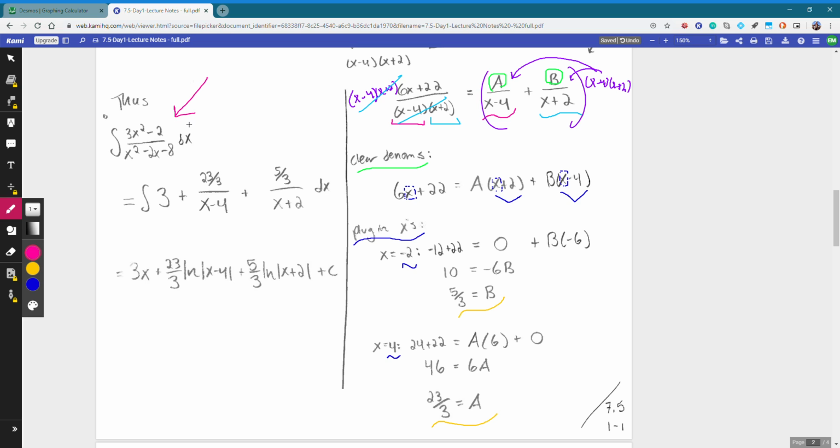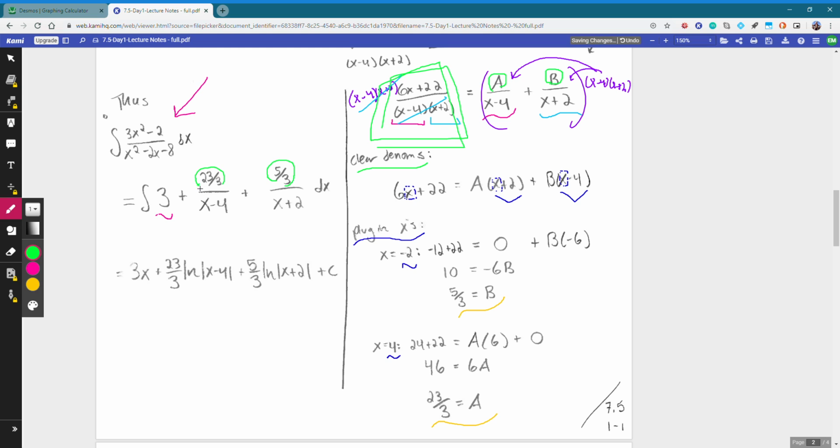Using our polynomial division, we saw that this equals 3 plus this fraction over here, and that we broke up using partial fractions. And here's our A, and here's our B substituted in.